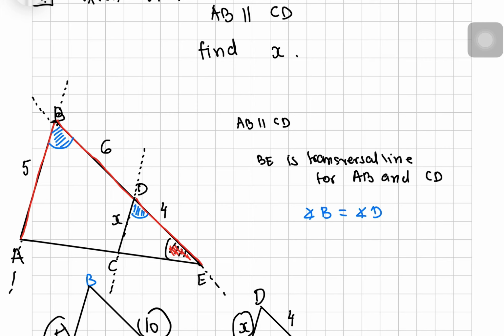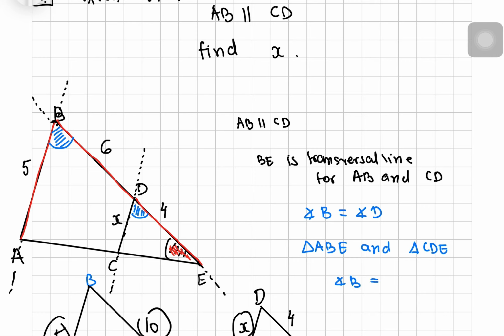This is important because if we look at the triangles ABE and the triangle CDE, we can see that there are two congruent angles which correspond to each other.